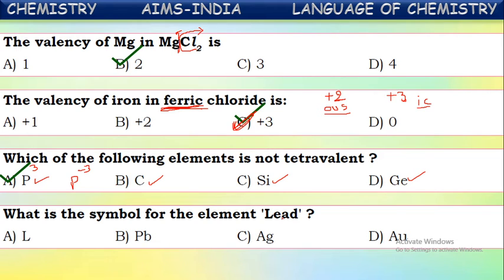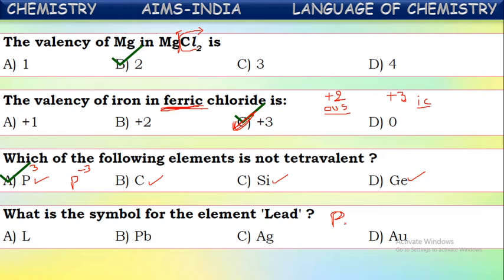But for some elements, around 11 elements, the symbols come from their Latin names. For example, lead has its symbol from its Latin name plumbum. In that, the starting letter is P. But this P is already the symbol for phosphorus.